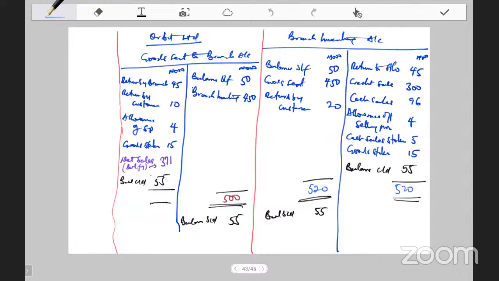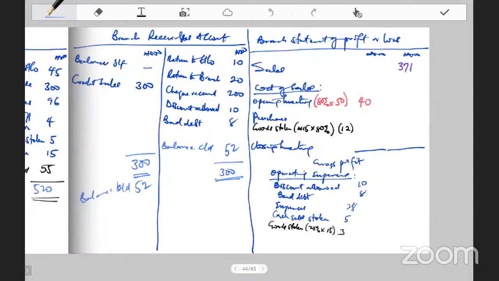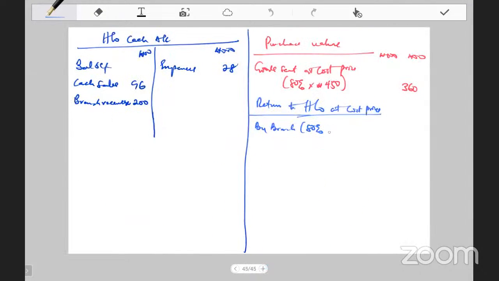And the return by customer is how much? 10. So this is 80% times 45, then by customer we have 80% times 10, so this is 8.